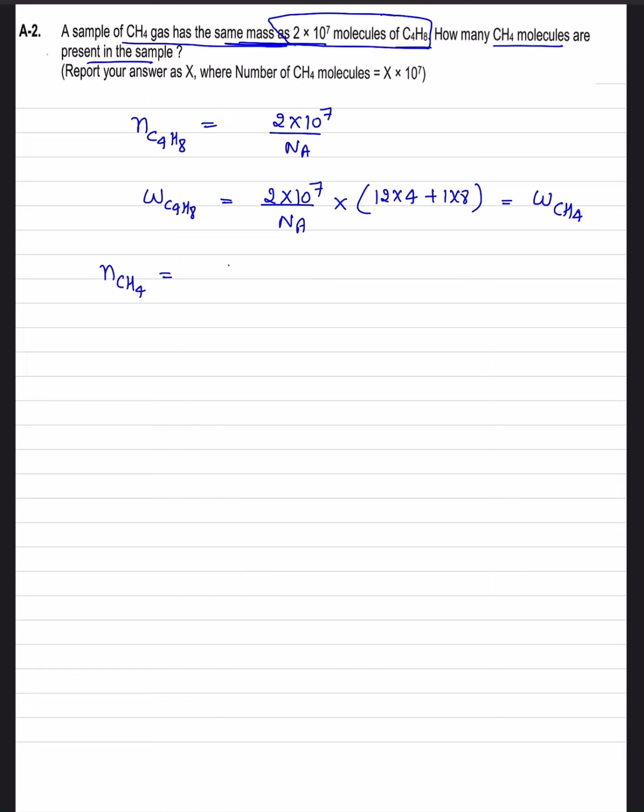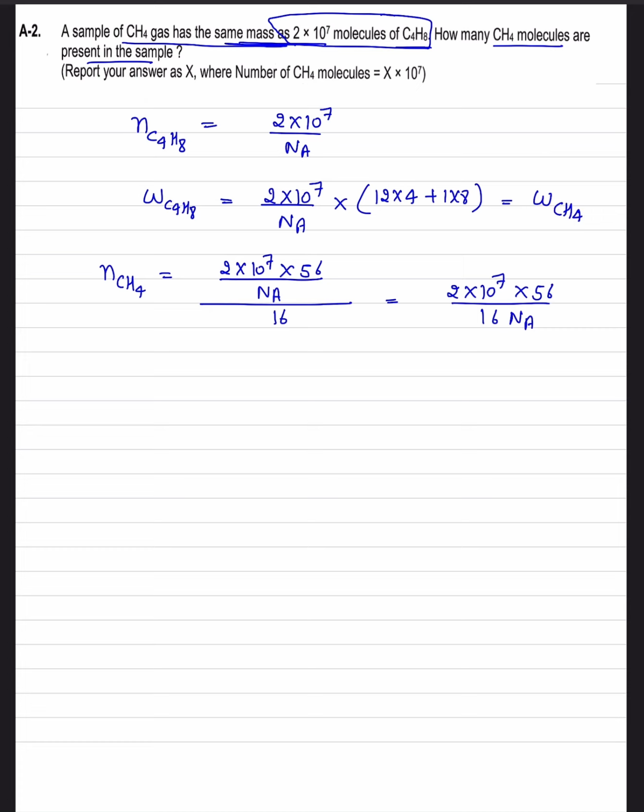Okay, so this is the weight. 2 into 10 power 7 into 56 by Na. This is our weight divided by molar mass, and molar mass of CH4 is how much? 16. So we got 2 into 10 power 7 into 56 by 16 Na.